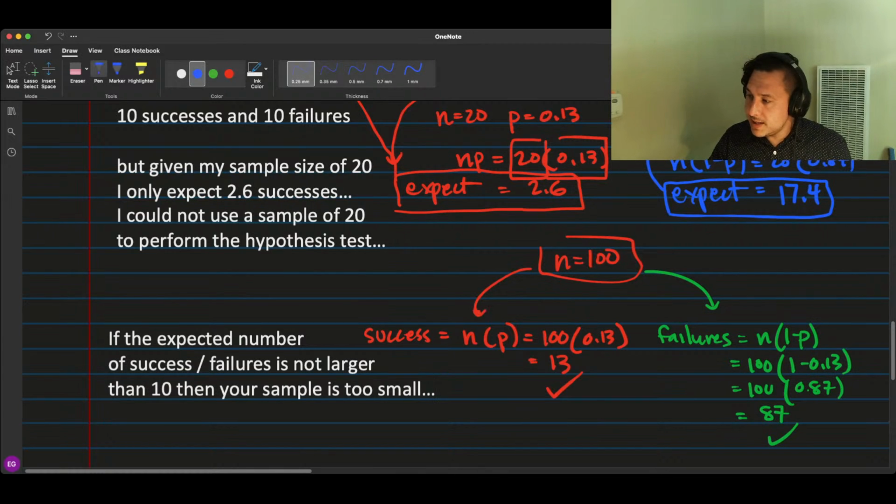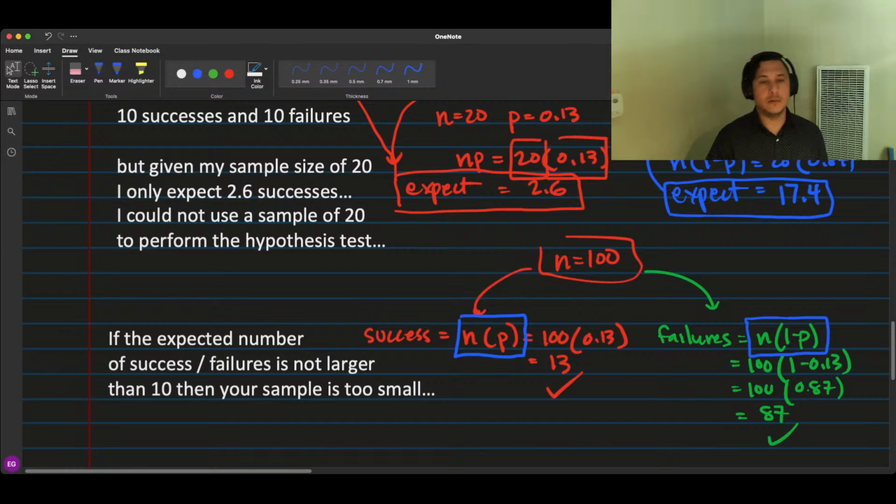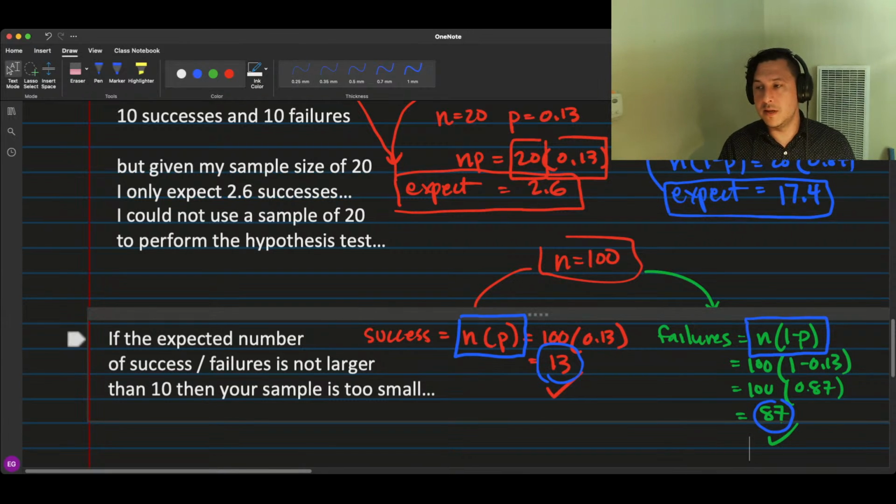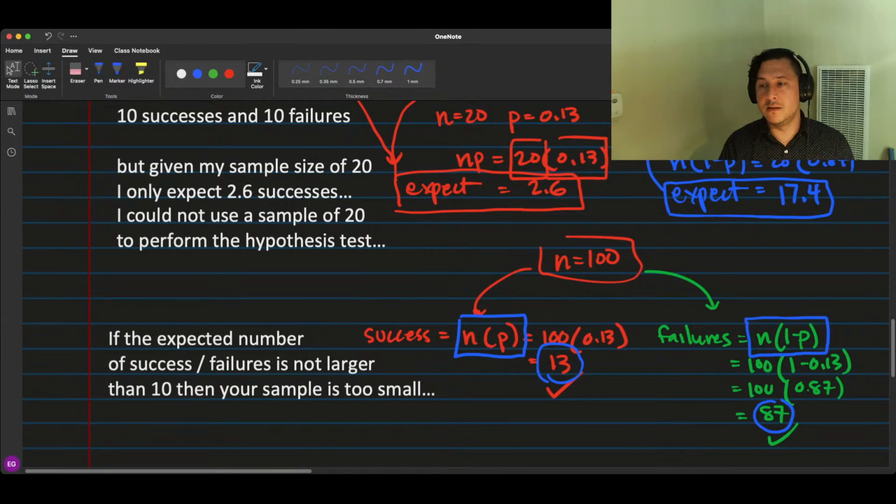Your formula is n times p for the number of successes. Your formula is n times 1 minus p for the number of failures. Yes, the number of expected has to be 10, so the number you get from those two formulas has to be bigger than 10, always. At a minimum, you need 10. If you go under 10, it's no good.